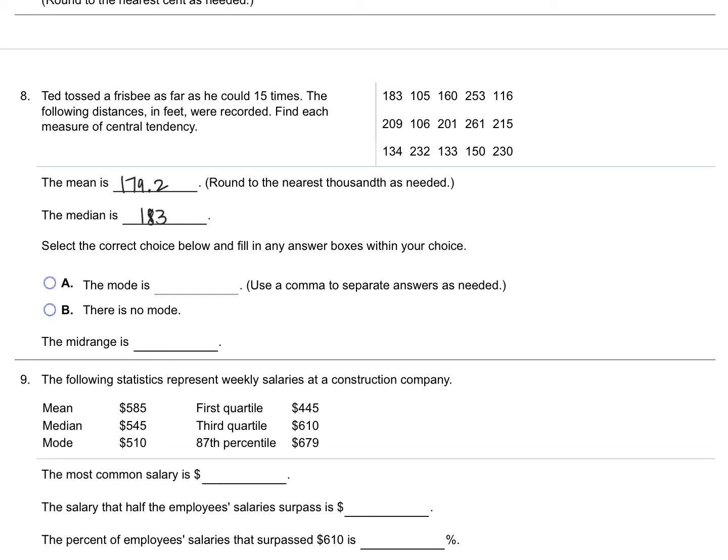If you ordered all of these from least to greatest, you would find the middle value, which is the median. The mode is the one that appears the most often, and in this case, there's not any repeated value, so there is no mode. And then the mid-range is 183.